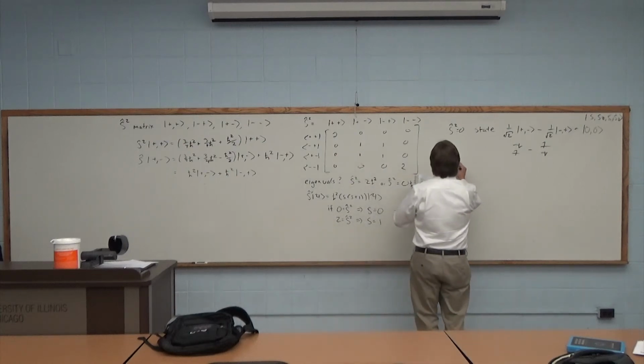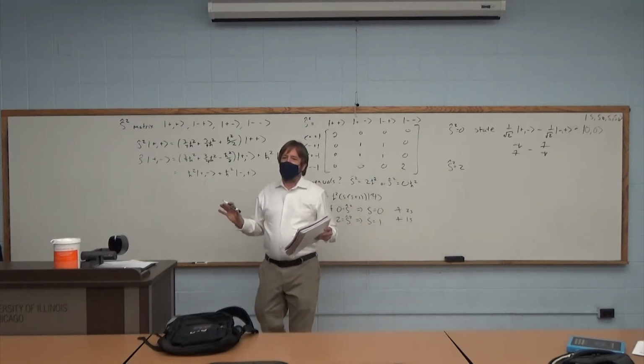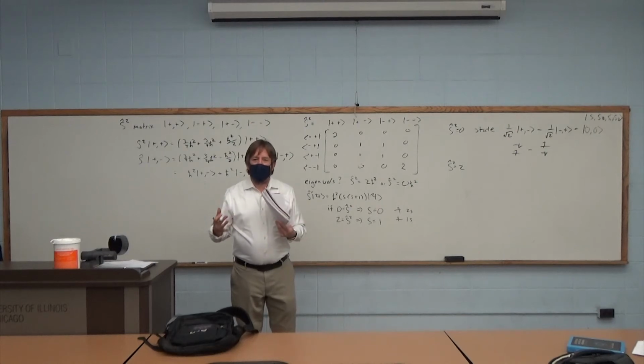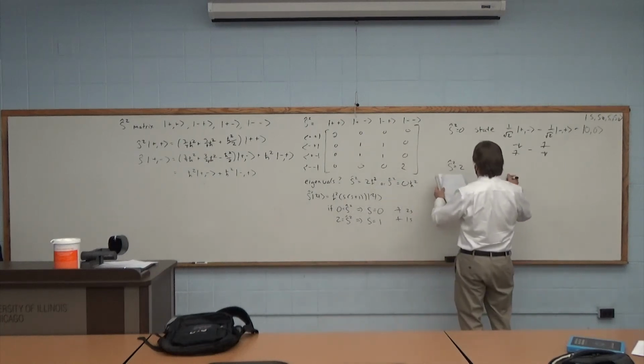Okay. Now guess what? Now this is where it gets way more cool. Guess how many triplet states it finds? Here's a big hint. I called it a triplet state. There's 3 of these.